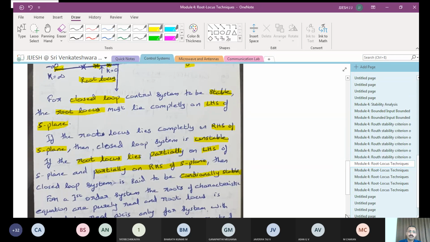So for a first order system, the roots of the characteristic equation are pure real roots. So we are going to see the first order system. First you complete all the three cases, and then we will see further.